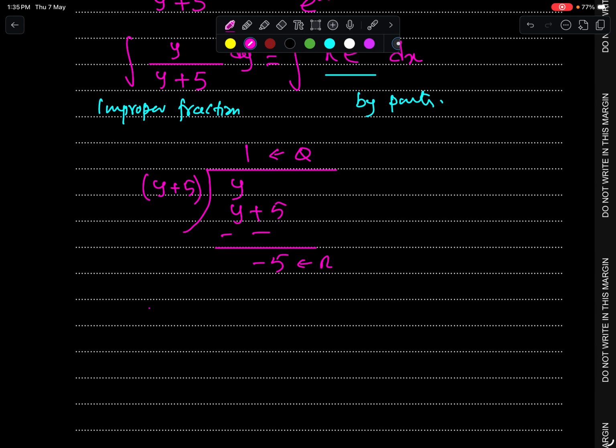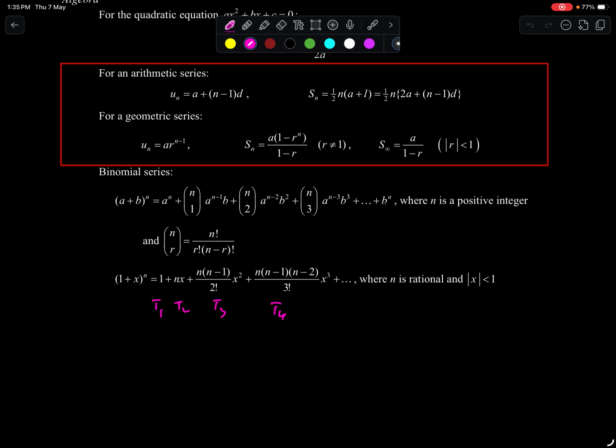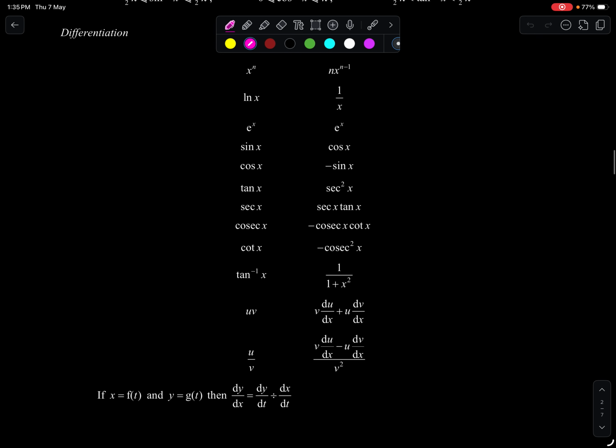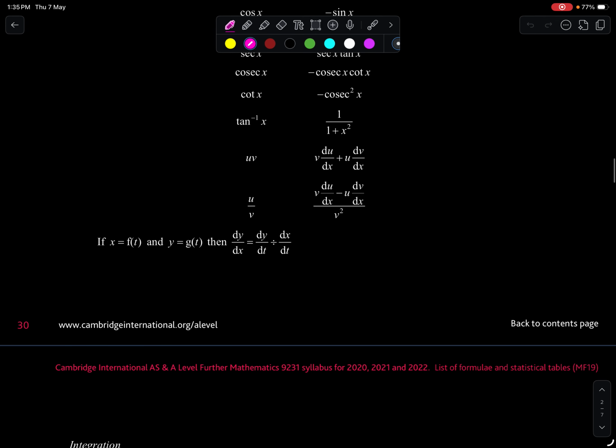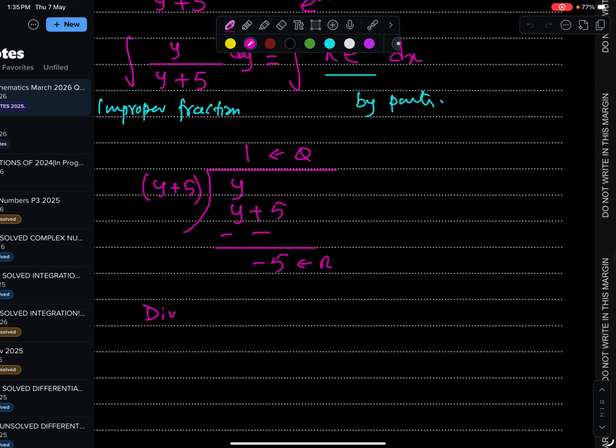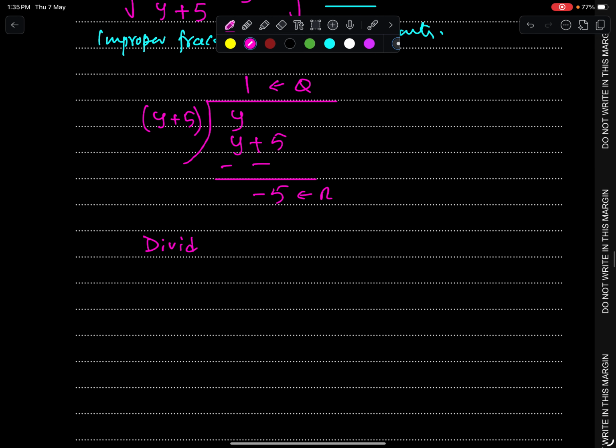Now the rule is dividend over divisor equals quotient plus remainder divided by divisor. Let me check the rule in MF19 so that I will not copy it. No, it's not available, I think. Okay, let me write the rule. This is just for your conceptual clarity. In the exam, you don't need to write this rule.